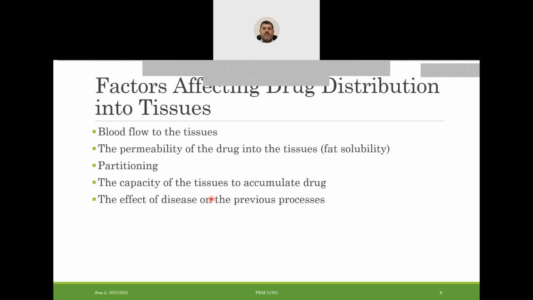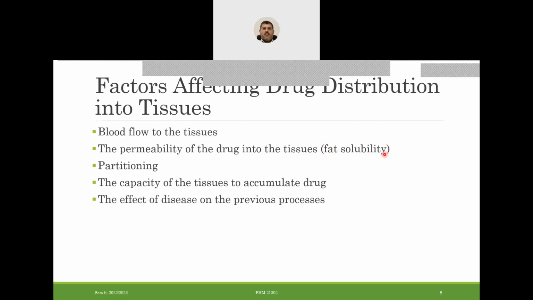So when it comes to why drugs are different in terms of distribution into the tissues, there are many factors that may affect this. Number one, blood flow to the tissues. In the diagram, we saw that the highly perfused tissues will have rapid equilibrium. They are considered part of the central compartment. Second thing is the permeability of the drug into the tissues.